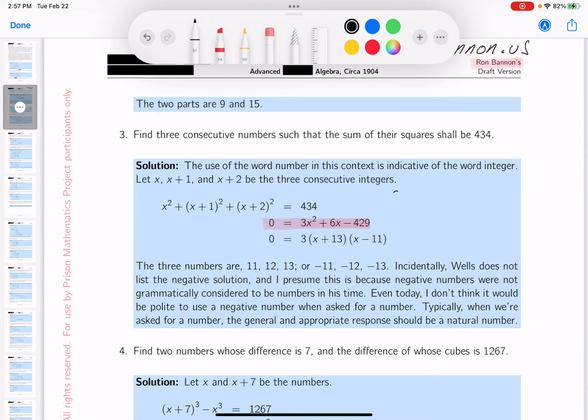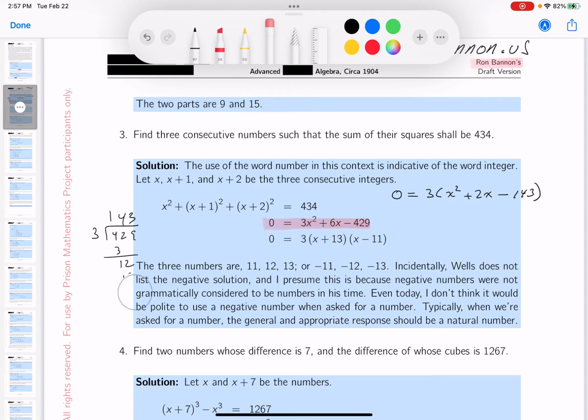And what do you get over here? 0. I'd factor a 3 out. And then you get x squared plus 2x. And then what do you get? Well, 3 into 429 is 143.